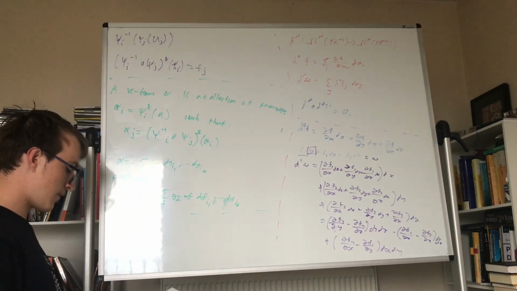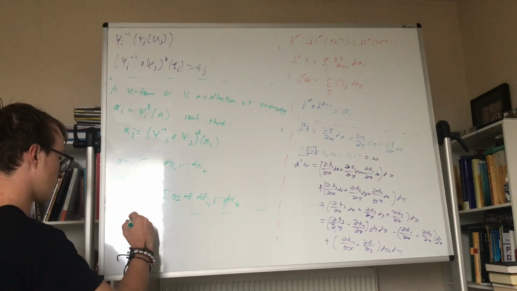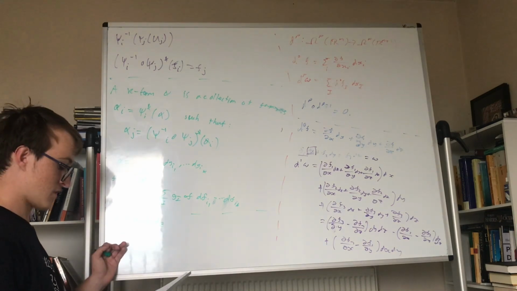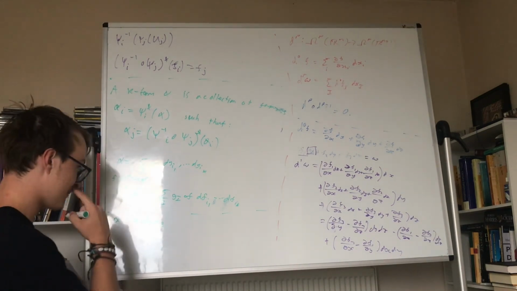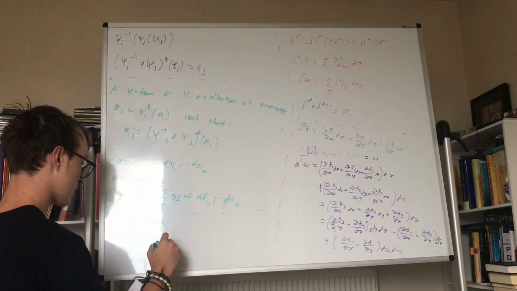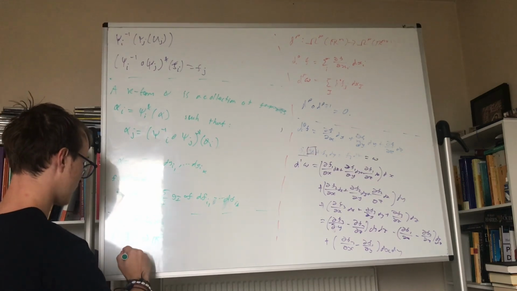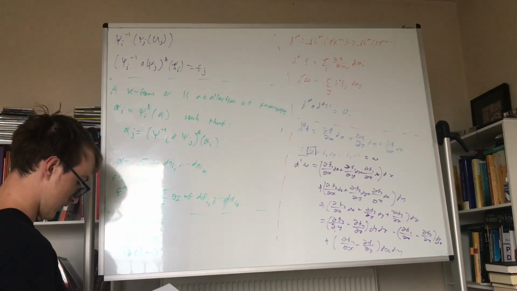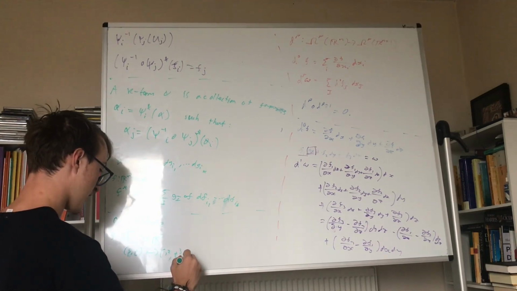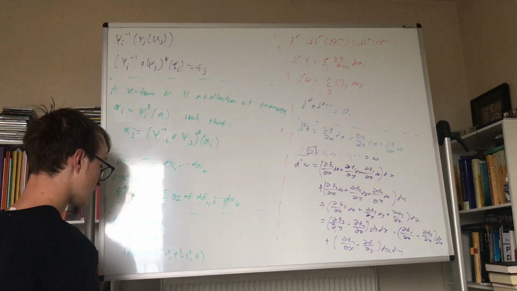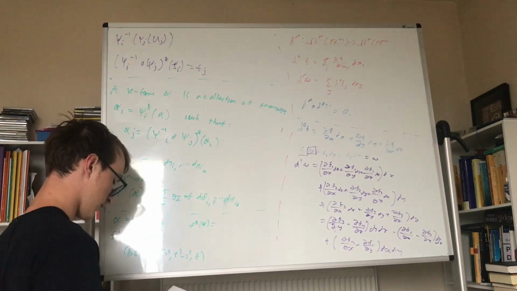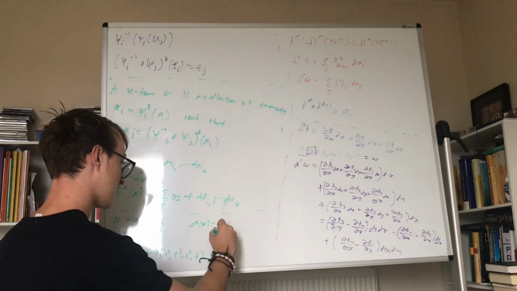In order to illustrate what this actually means, I'm going to give one final example. If we're given a two-form alpha, which is x dy dz, a two-form on R3, and we're given some function f, which goes from R2 into R3 and sends (s,t) to (s squared, t cubed minus s squared t, t), then the pullback of alpha by f is given by the following.